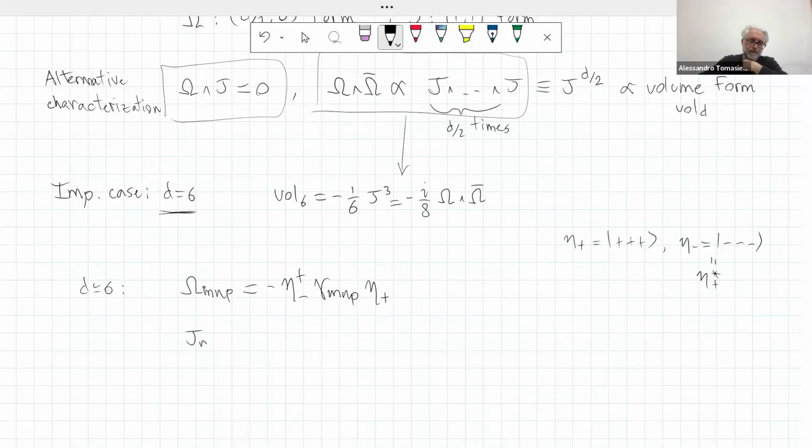And there's a similar formula for J. And sometimes these are called, when written in this form, spinor bilinears.